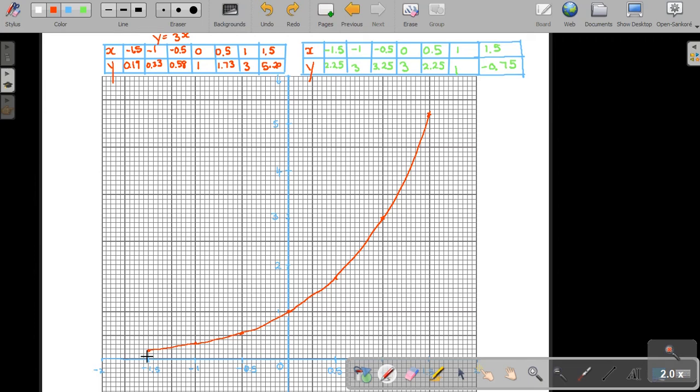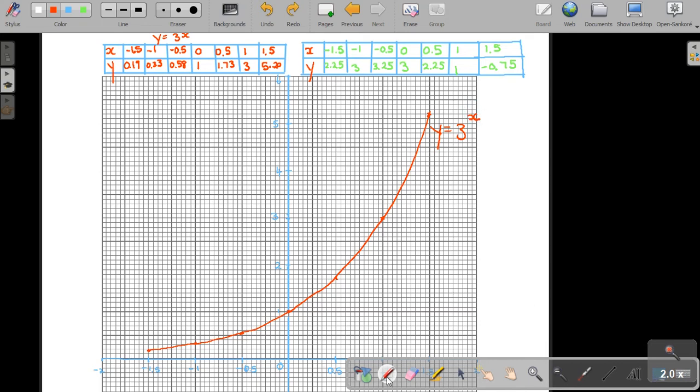Okay, you're supposed not to pick it up and do it in one smooth curve, but sometimes I would just pick up there at the points, then it's not noticeable, but try to do it without picking up. Okay, so then this will be y is equal to 3 to the power of x.